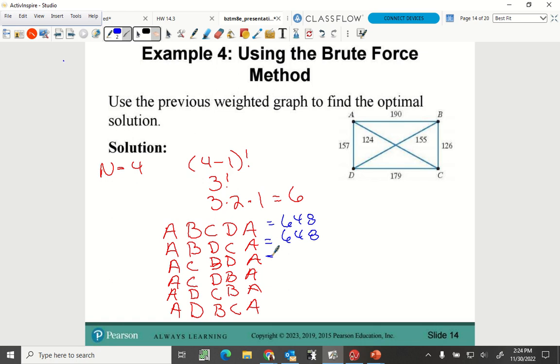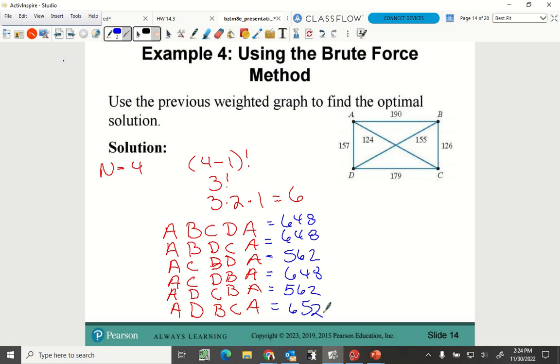Next one was 562. Next one is 648. Next one is 652. Last one is 652. Oh, that's big.